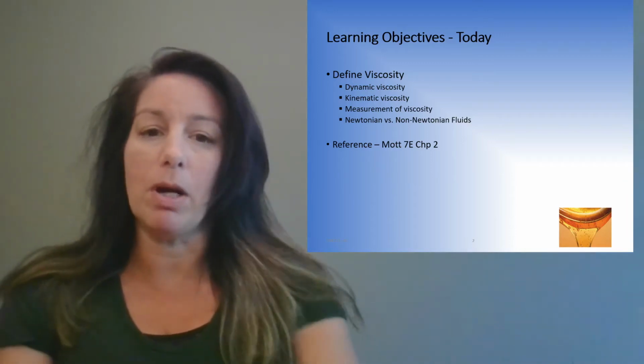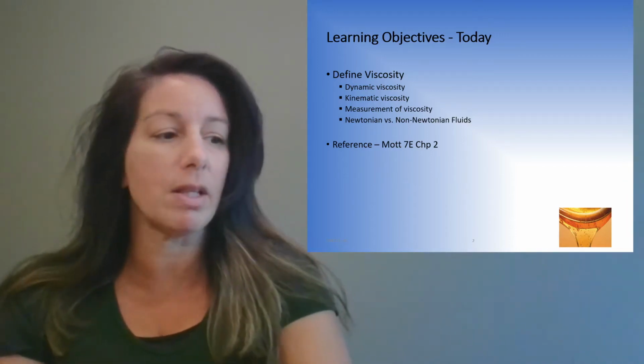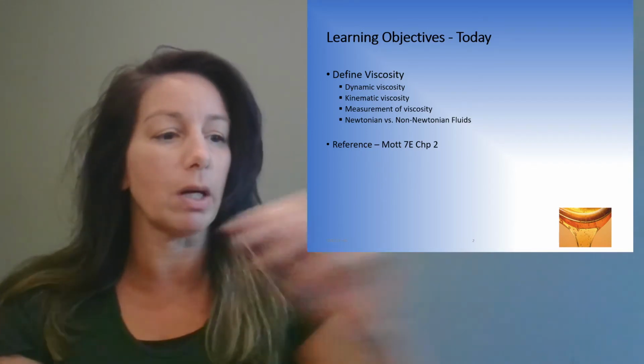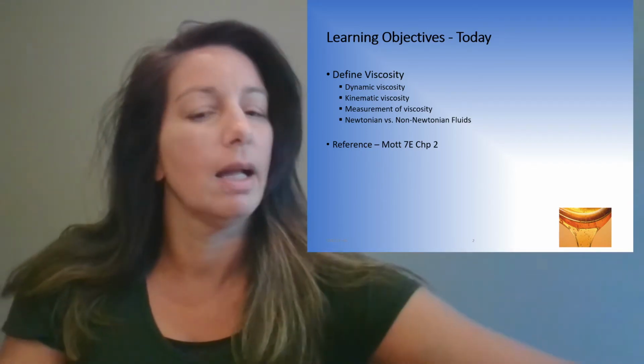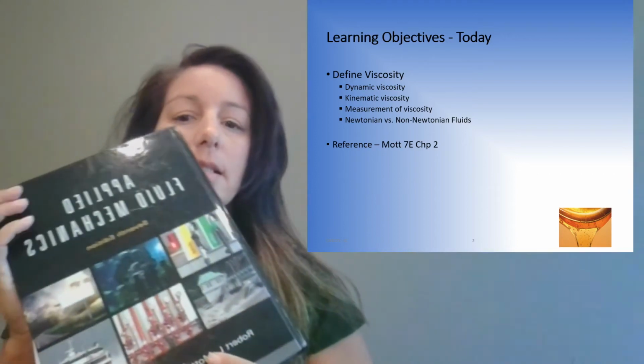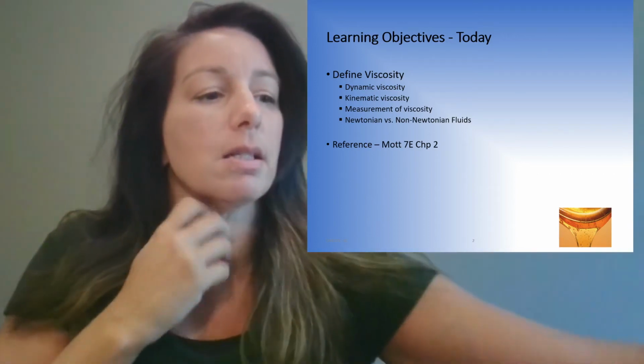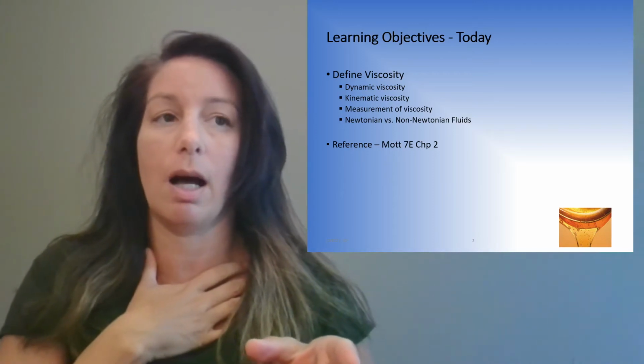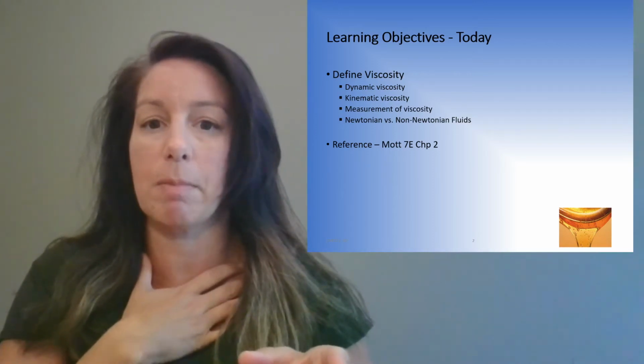If you have the book, this is chapter 2 in the 7th edition of the Mott fluid book. Again, here it is. You probably have access to the PDF document of this as well.